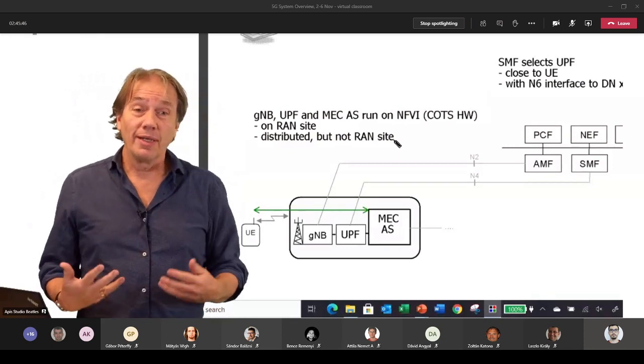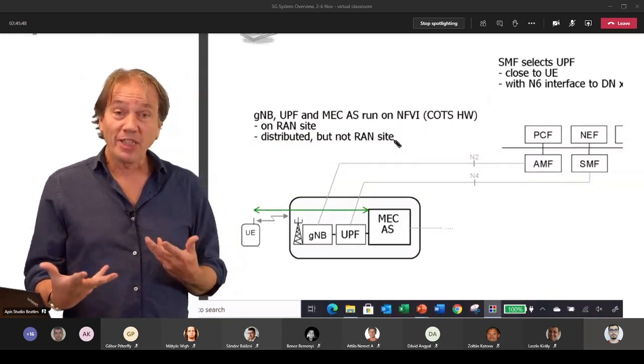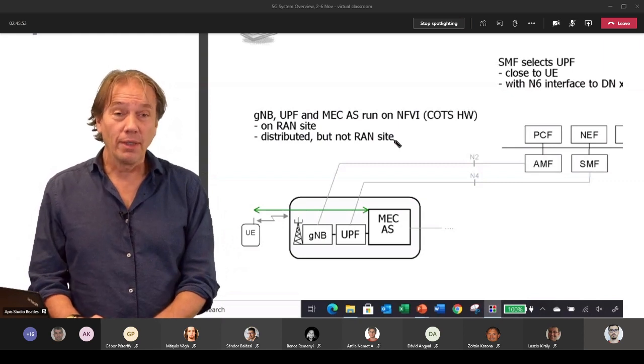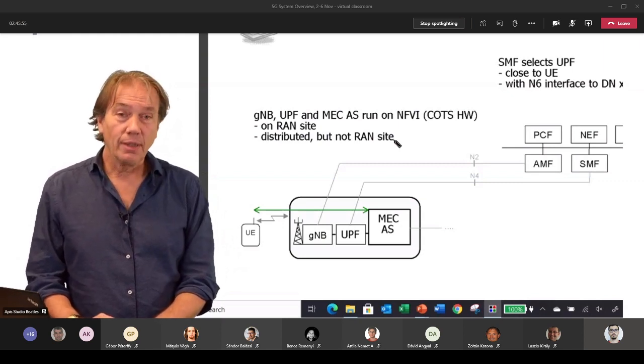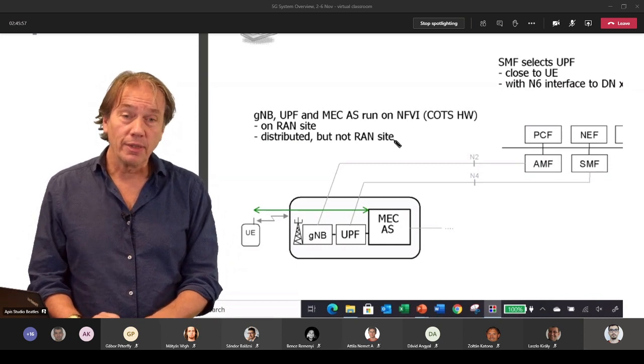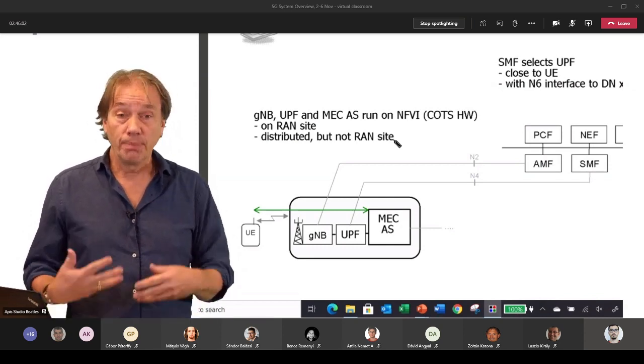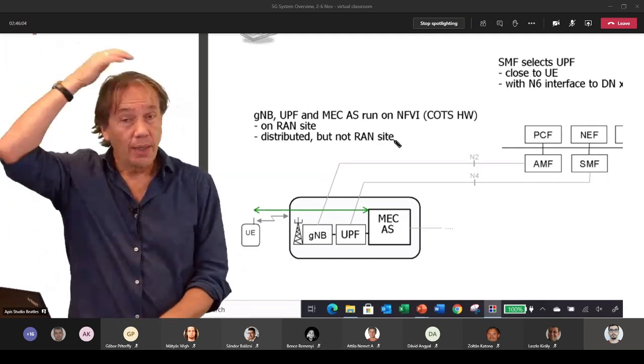This is, of course, an optimization exercise for this MEC architecture and this MEC platform manager, and I suppose also for the 5G network.